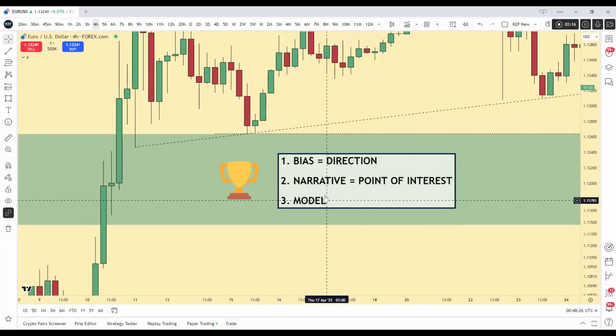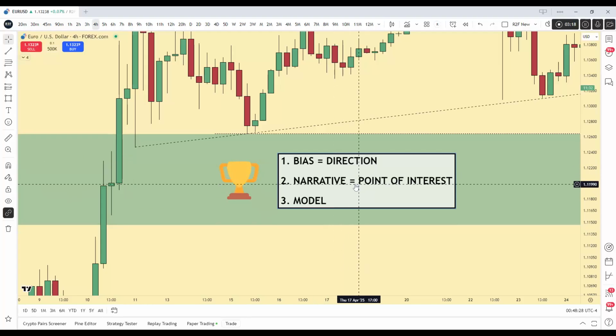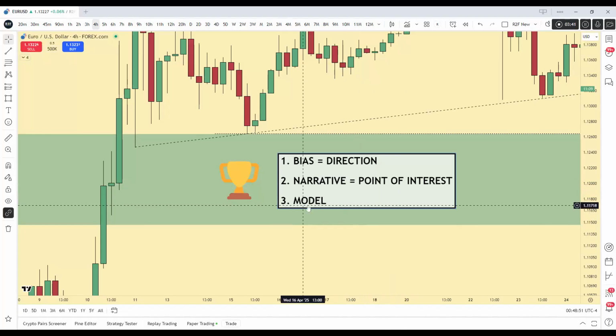After you determine your narrative and your point of interest, you set your alerts maybe, and you should always wait for price to come to you, and that's where you'll start looking for a trade using your model.